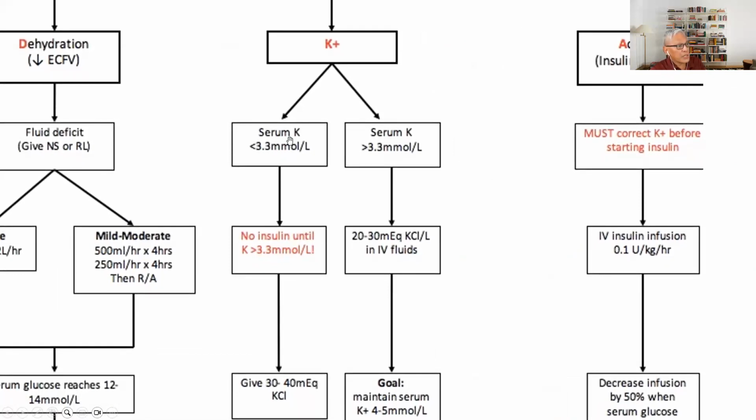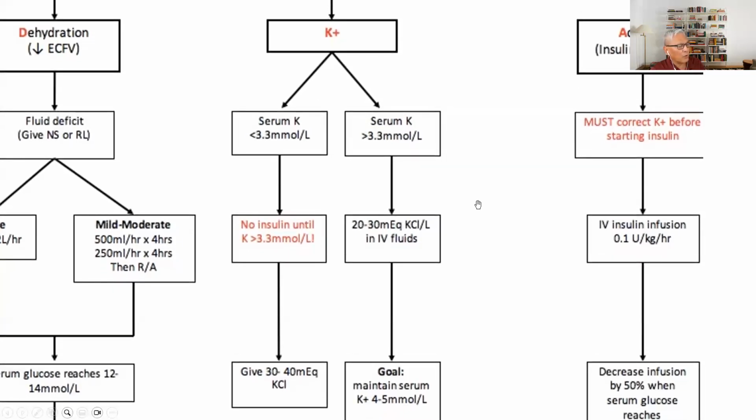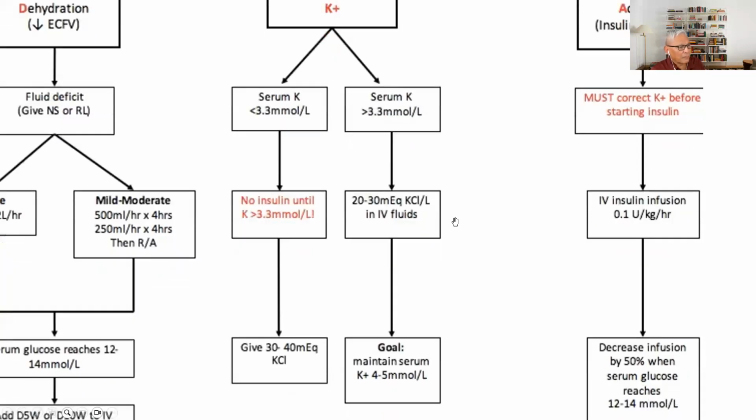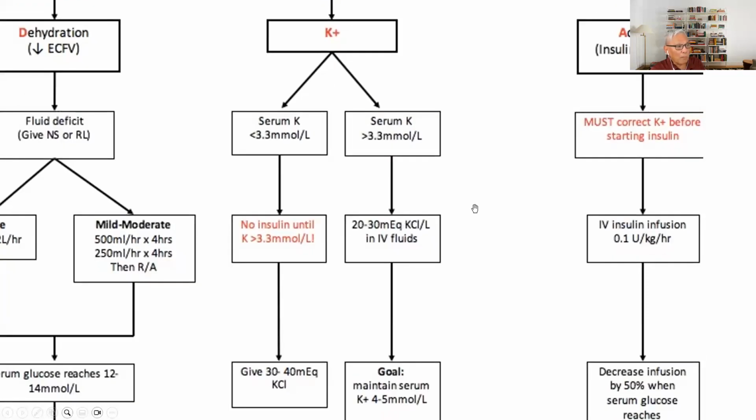So in the event that they're higher, what we're going to do is suspend insulin. Why is it that we are going to suspend insulin until we normalize the potassium levels? What does insulin do to potassium? Well, I'm going to illustrate it again.